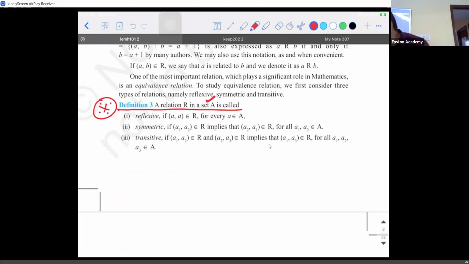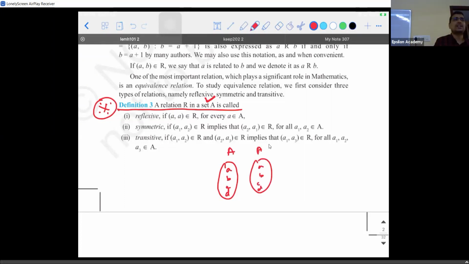Nothing but it's the same. Means here, it's a good question actually, but a relation in set A we are saying. So when I take a set A, if the elements are a, b, c, d like this, when you're trying to frame the relation between A with itself, the other set will also be a, b, c, d. If I ask you to write all the possible Cartesian products, what are you going to do?